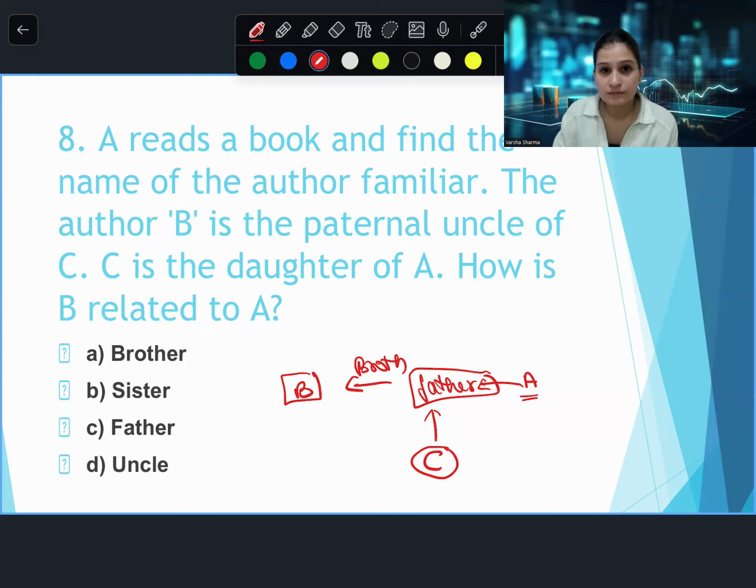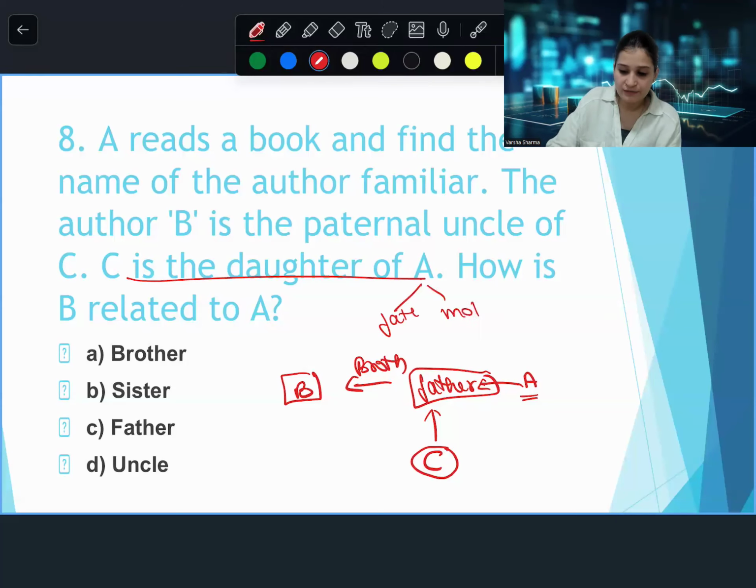Can you explain again? C is the daughter of A, right? So A could be the father or A could be the mother. If A is mother, then B should be brother-in-law. But we don't have that in the options. Can't help it. So we have to by default make A not the mother but the father.